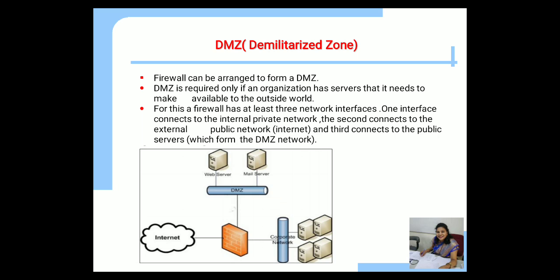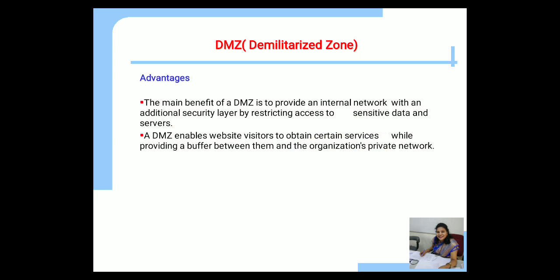So the important data is kept aside to protect it, and only the servers for the requested services are kept in the DMZ. So all the traffic goes to the DMZ. All the data which is to be protected in the internal network will be secured using this type of organization, the demilitarized zone organization.